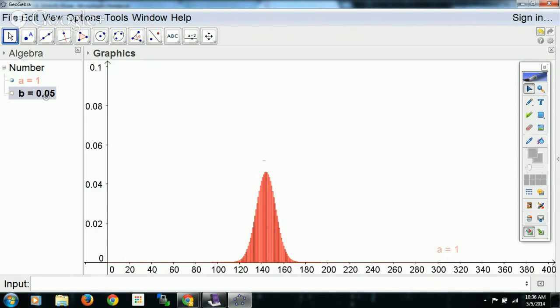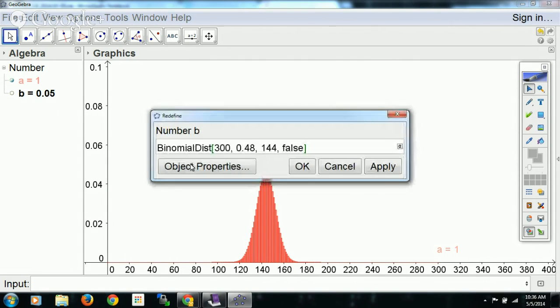So what I asked GeoGebra for is to calculate the binomial probability. Here it's called binomial dist. On the TI it's called binom PDF. On Excel it's called binom dist.